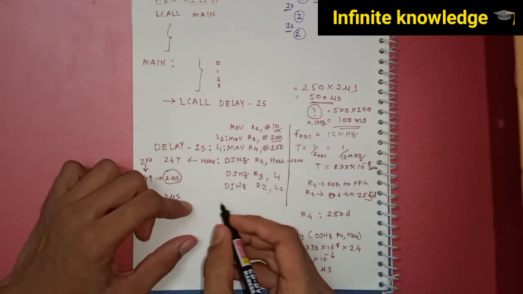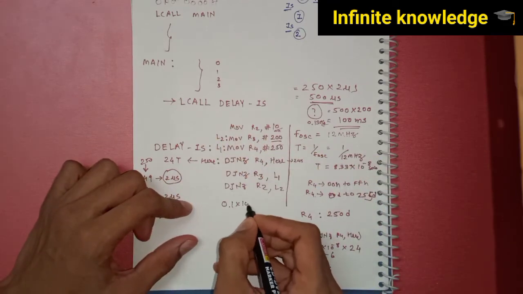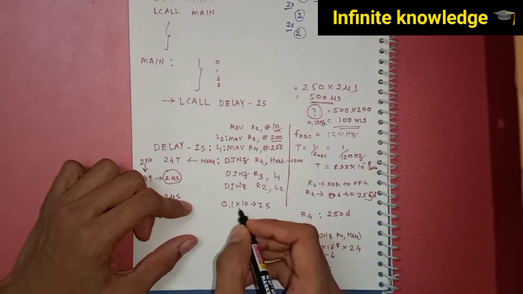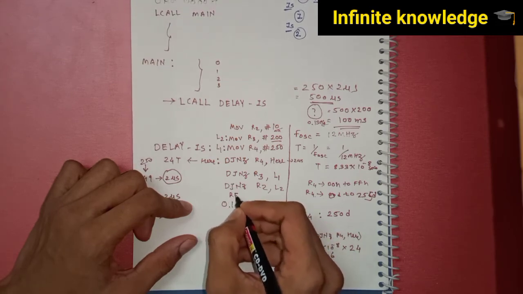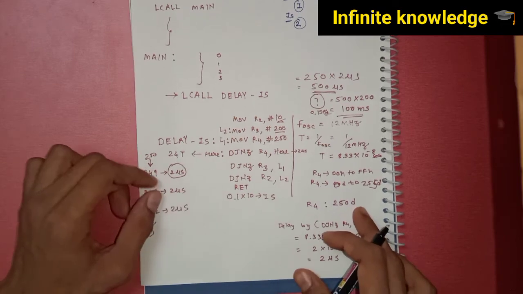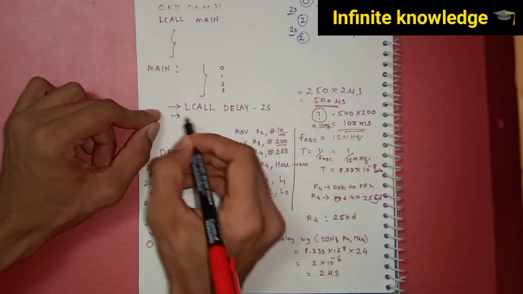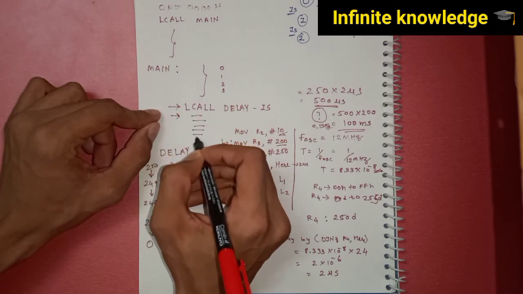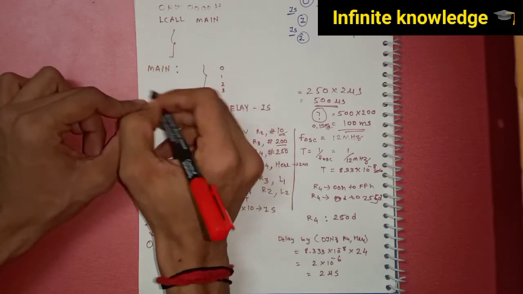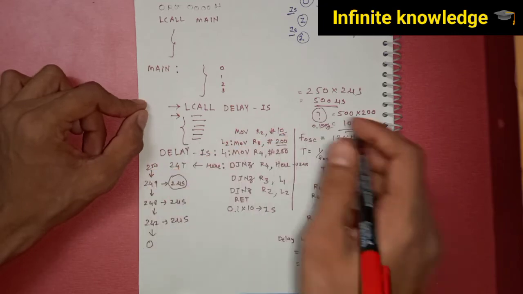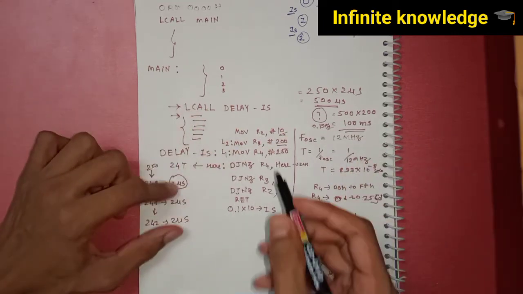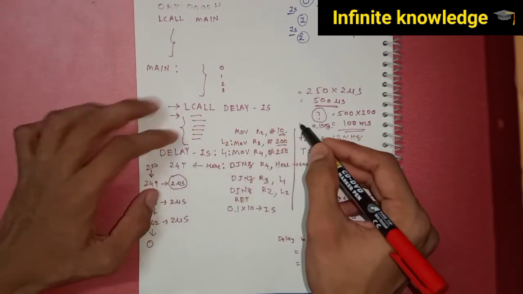If I repeat this process, 0.1 into 10, I will get a 1 second delay, and I have to use the return instruction to return to the main program, and it will return here, and there are a number of instructions in the main program that will continue to execute. So this is the basic delay program.